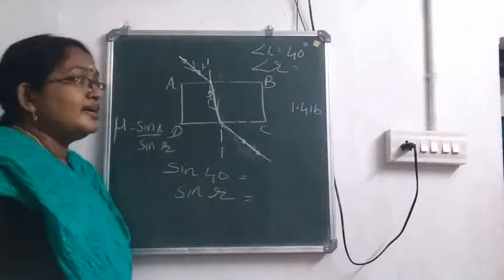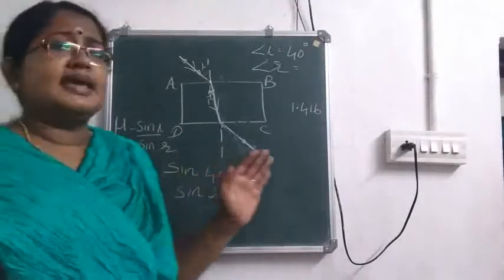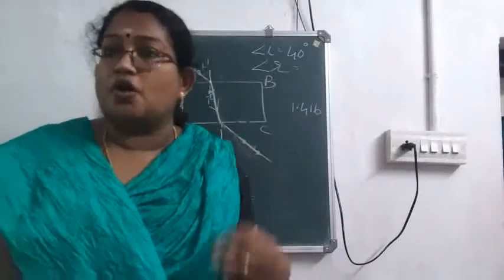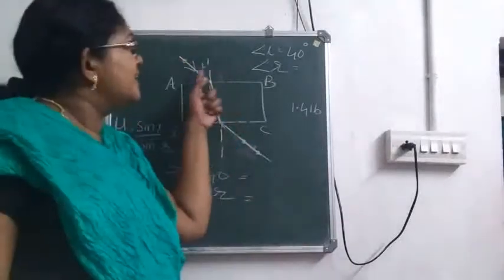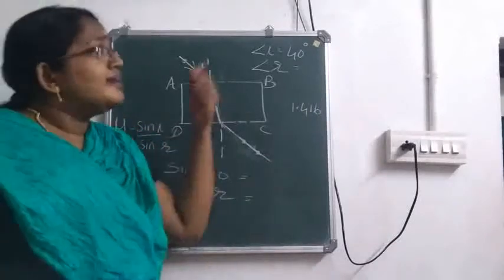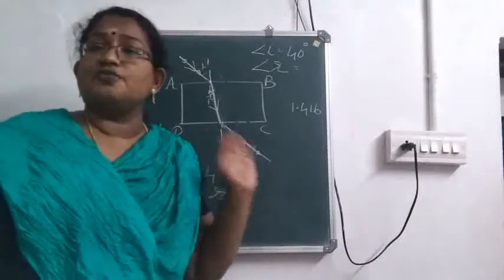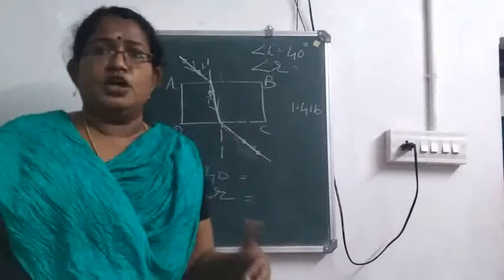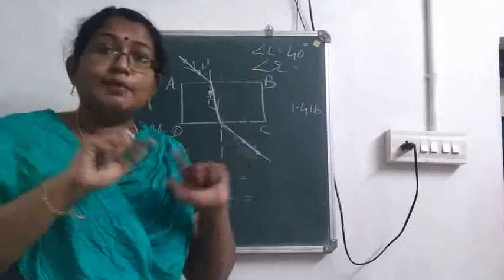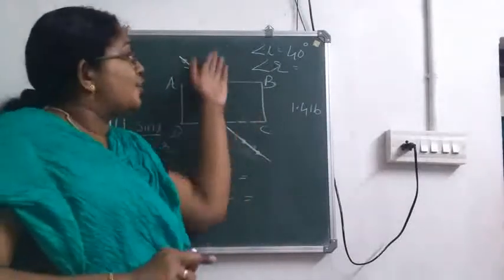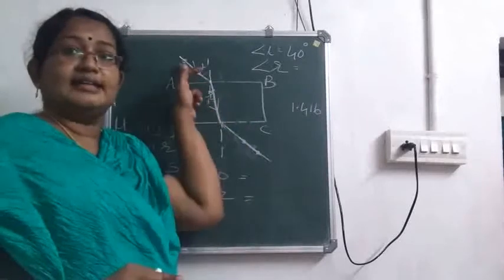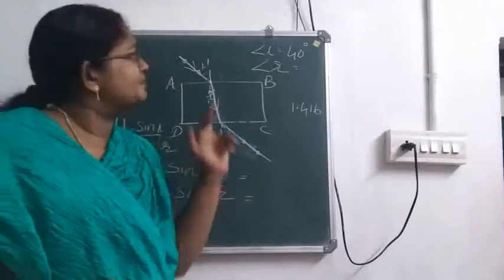Now the next thing is repeat the experiment, same thing with another value of angle of incidence. Here we have taken angle of incidence as 40 degree. Next you can take angle of incidence as 50 degree. So again take the rectangular glass slab, draw the outline, draw the normal, then measure 50 degree and then draw the incident ray.